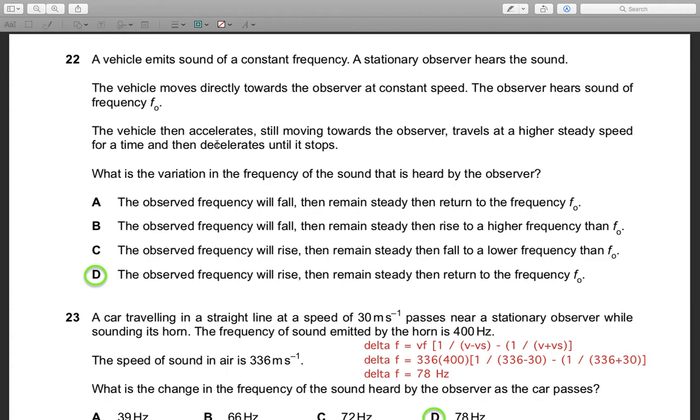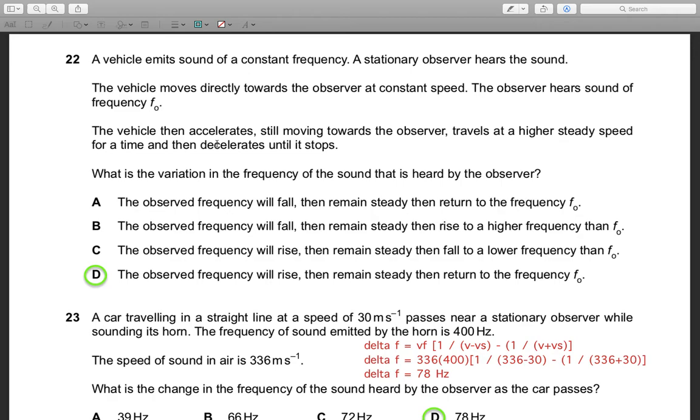Yes, the condition first: if the vehicle emits sound with constant frequency and moves towards the observer at constant speed, the observed frequency will rise. Why? Because the vehicle comes to the observer.